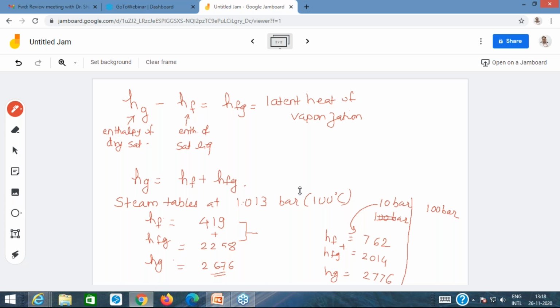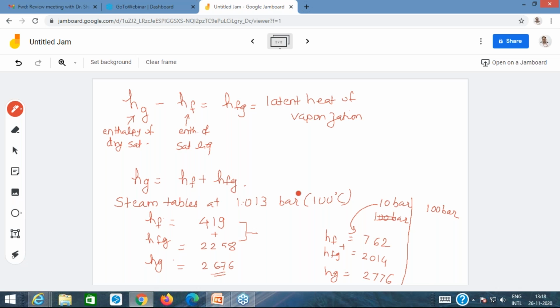Similarly, at 100 bar, you tell me the Hf value, Hfg value, and Hg value from the steam tables.